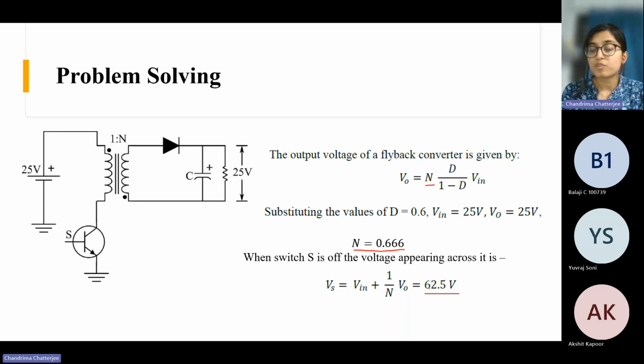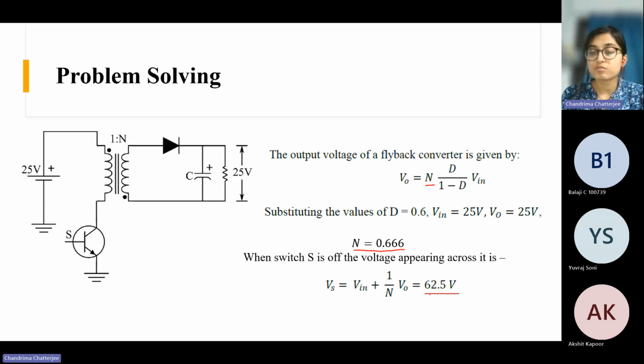So this should be the minimum voltage rating of the switch. Whenever you choose an actual device, preferably its voltage withstanding capability should be higher than this value. There we usually keep some margin.